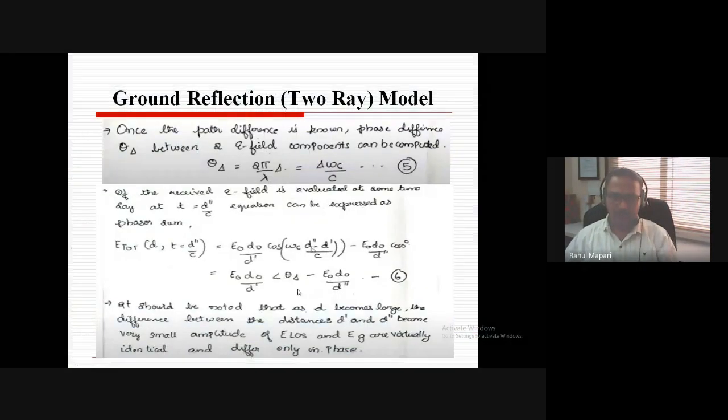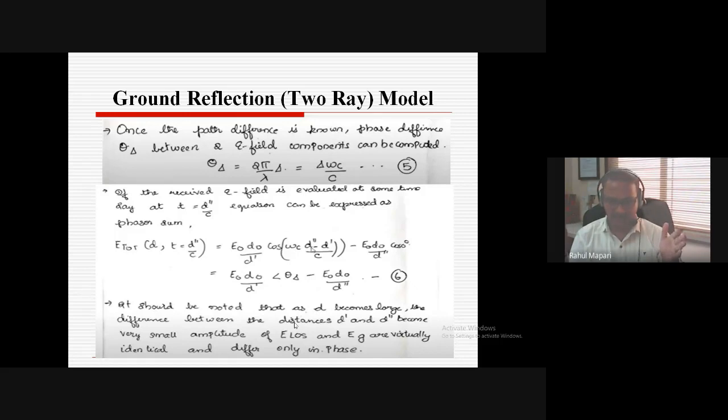Differ only in phase means all the distances become the same.